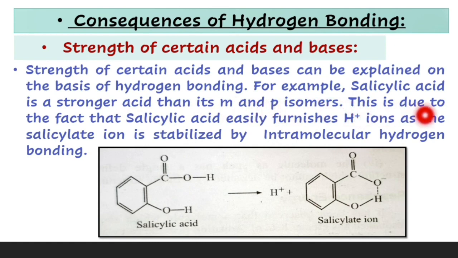This is all because of hydrogen bonding, because salicylic acid easily furnishes H positive ion and forms a salicylate ion. As soon as it releases its H positive, it can form hydrogen bonding with the adjacent hydroxy group which is present, and this gives rise to intramolecular hydrogen bonding in salicylic acid, which is an ortho isomer.